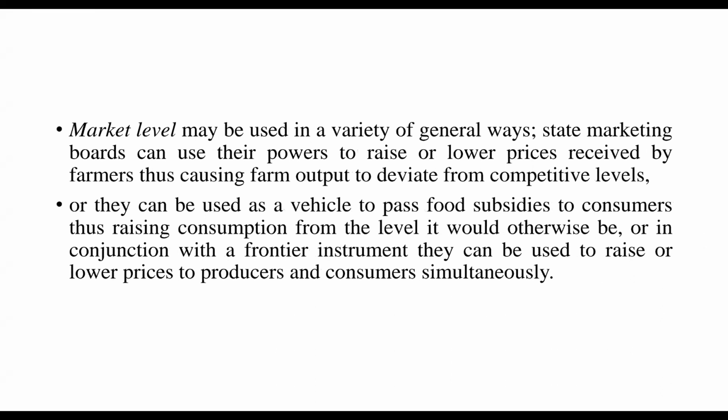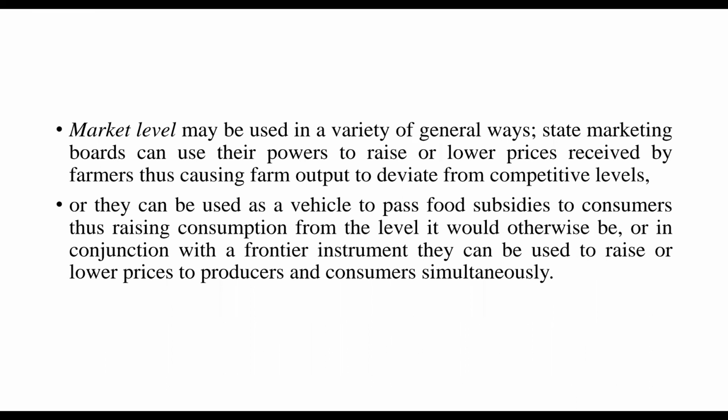The market level, which is the third level. So frontier level, farm level, and market level. This one may be used in a variety of general ways. Marketing boards can use their powers to raise or lower prices received by farmers, thus causing farm output to deviate from competitive levels.